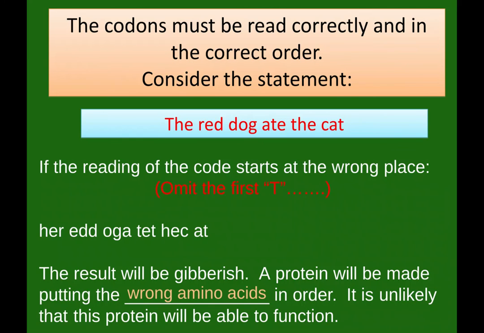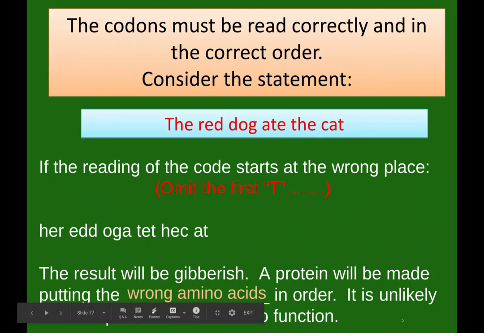So it's important that we start reading at the correct space, or we will get jumble, and that's the same thing that our body tries to read, or our cell tries to read. So jumbling can happen. And we could also make the wrong amino acids.